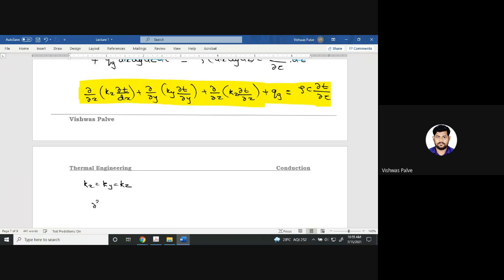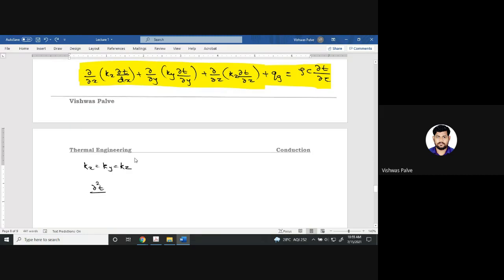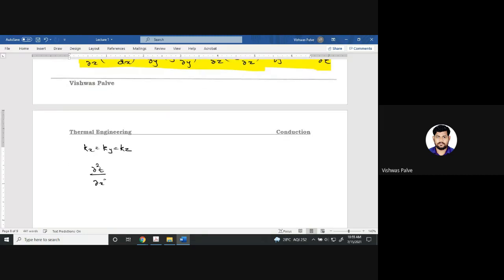So this expression will reduce to dou square t by dou x square plus dou square t by dou y square plus dou square t by dou z square plus qg by k, this k term being common, dividing throughout by k, is equal to rho c by k into dou t by dou tau.